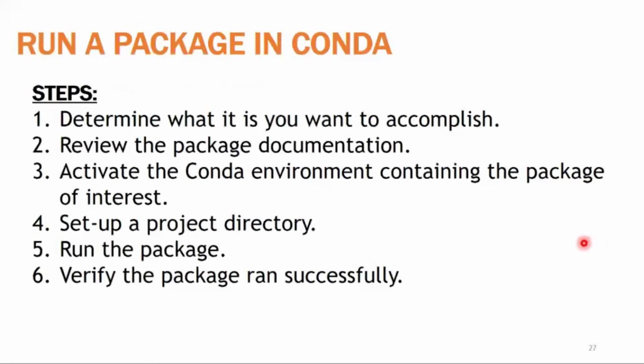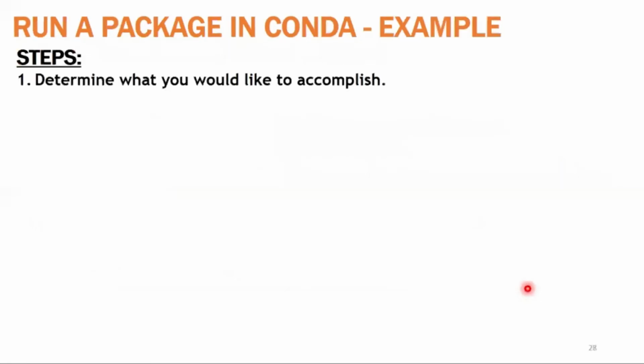All right, so now that we've gone through what conda is, how to navigate it, and run the core commands, I'm going to show you how you can approach running a package that has already been installed in a conda environment. It can generally be achieved following these few steps. The first step towards running a package in conda is to have a basic idea of what it is you'd like to accomplish.